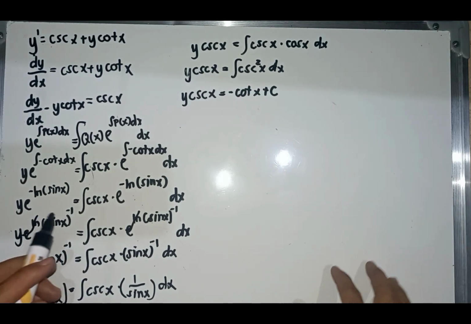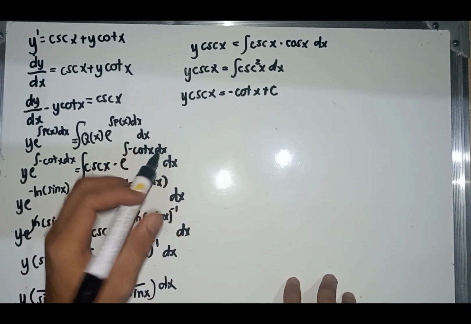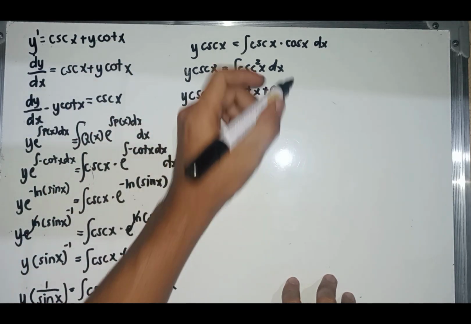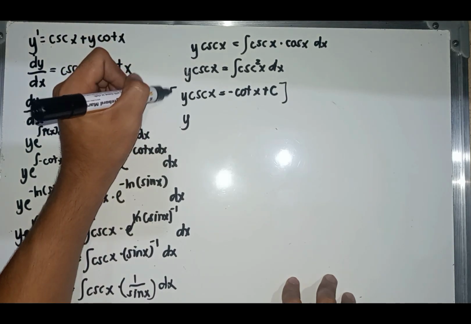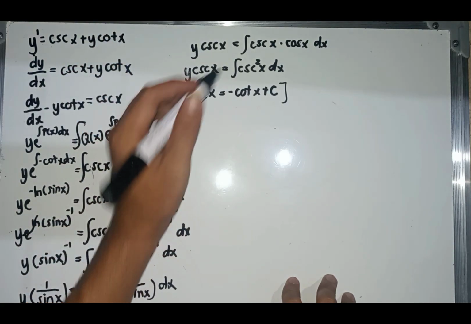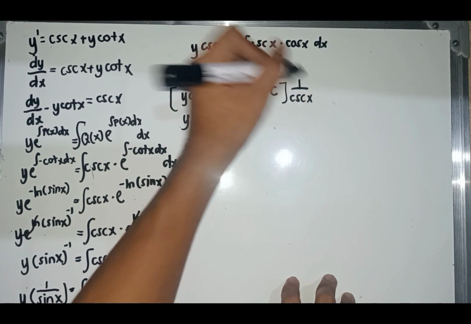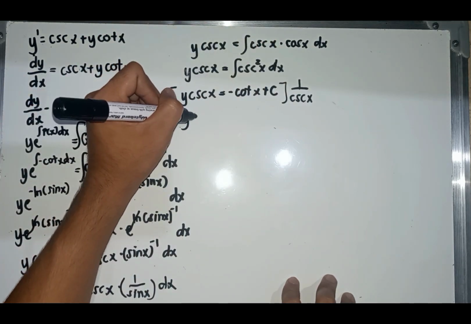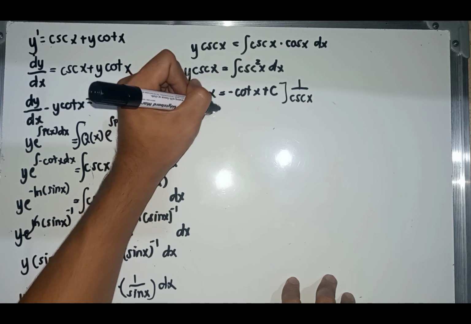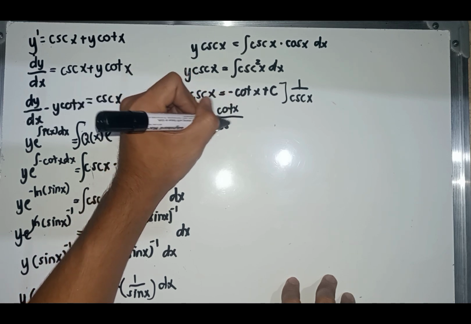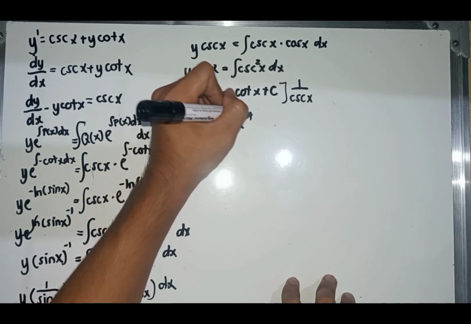In order to get y, we have to divide both sides by cosecant of x. So y is equal to negative cotangent of x over cosecant of x plus c.